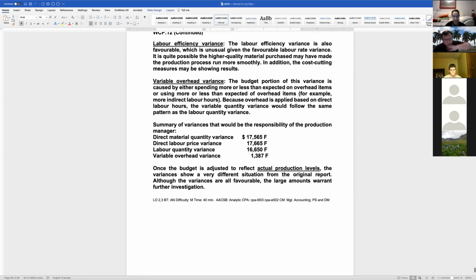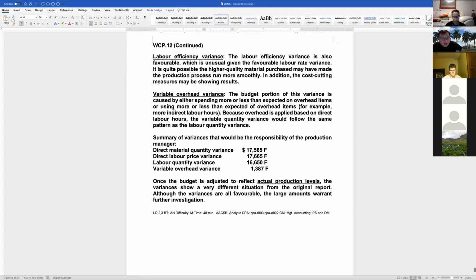Okay, so when you summarize, also the variable overhead cost, right? We have demonstrated that on the PowerPoint. In the last slide of the PowerPoint, we compared the actual overhead cost versus the amount of overhead applied.